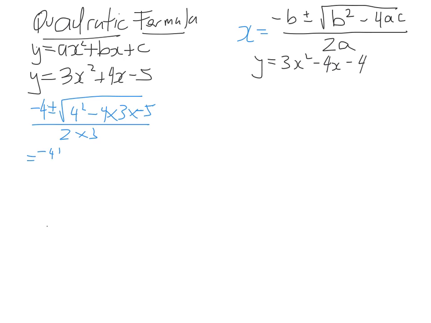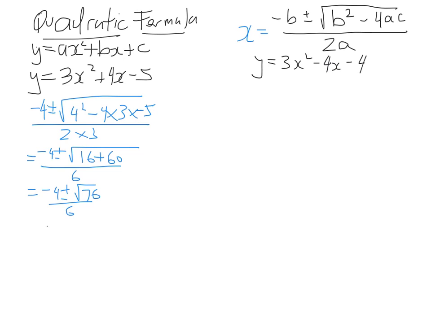Negative 4 plus or minus the square root of 16. Now negative and negative makes a positive. 4 times 3 is 12, times 5 is 60, all over 6. So it becomes negative 4 plus or minus the square root of 76 over 6.